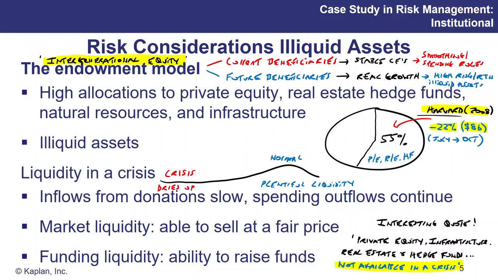Now, to try and handle the volatility that comes with this, smoothing rules or spending rules, the idea, for example, of thinking about your spending, whether it might be 5% over the average, say, 3-year assets, trying to smooth down the volatility will help a lot with the consistency of the spending.